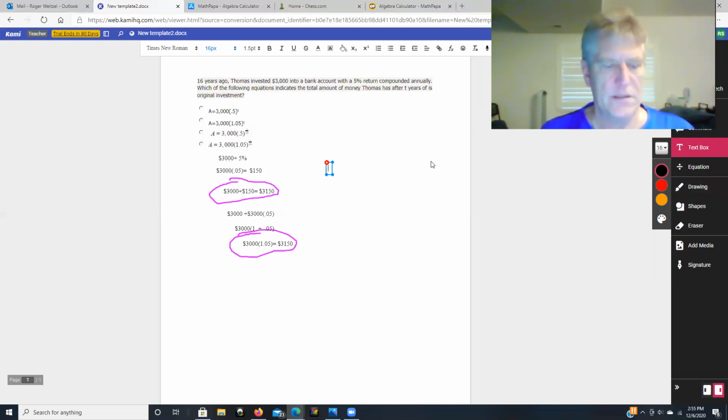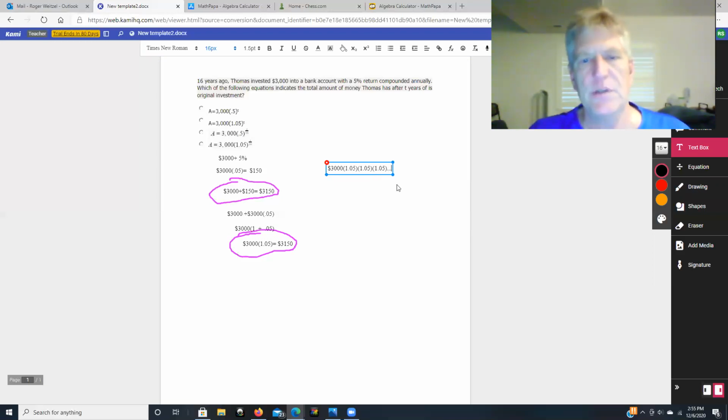What we realize is that if we take our expression here and we multiply by 1.05, that's going to get us this number. So instead of stopping and writing that down, we could just say, well, let's do it again, 1.05. And this we could keep doing. And we could do that 16 times.